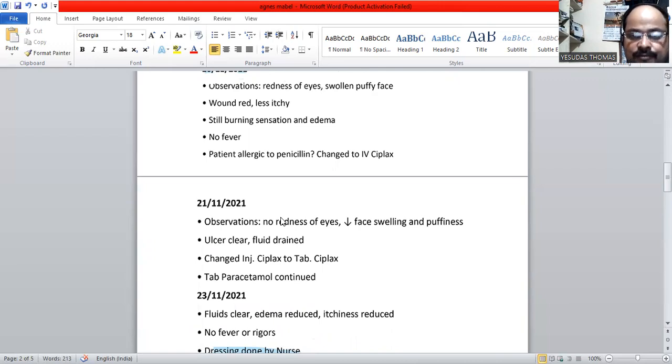Because of redness of eyes and swollen puffy face, we have seen some side effects of the medications, and we suspect whether she's allergic to penicillin. Based on this suspicion, we have changed her medication. The antibiotic penicillin is changed to the antibiotic Ciplax.